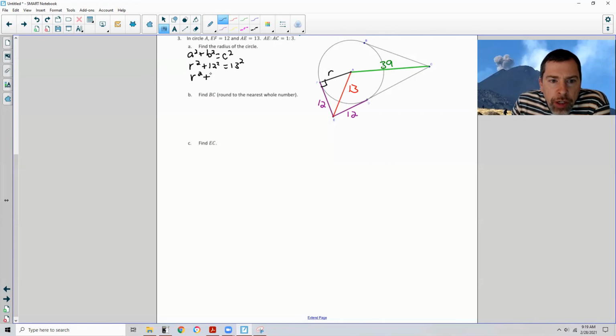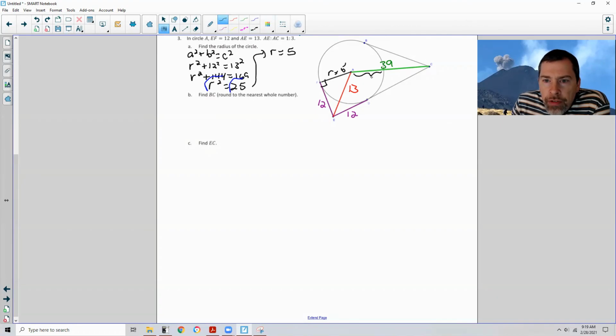Simplify. R squared plus 144 equals 169. Subtract 144 from both sides and we get 25. And we need to take the square root of both sides, and that will give us R equals 5. So the radius of the circle is 5.